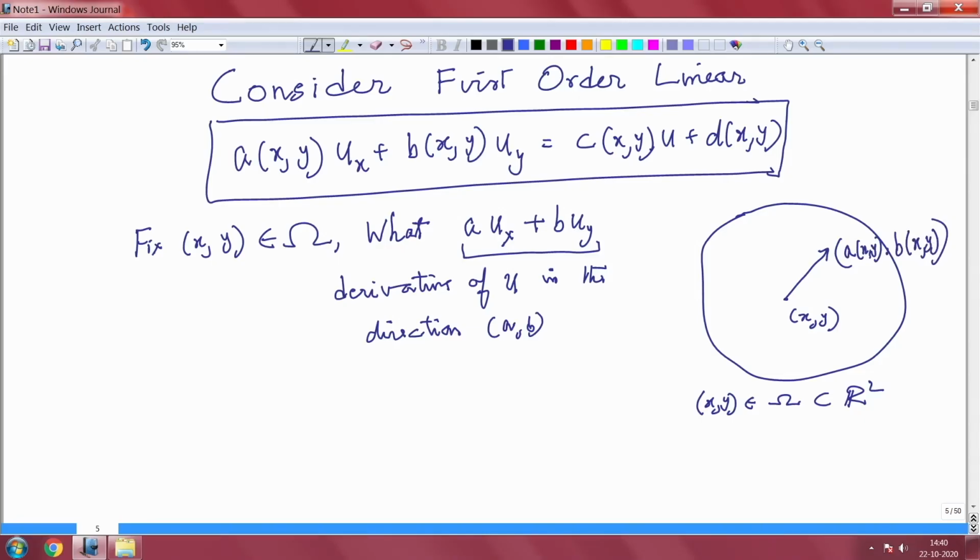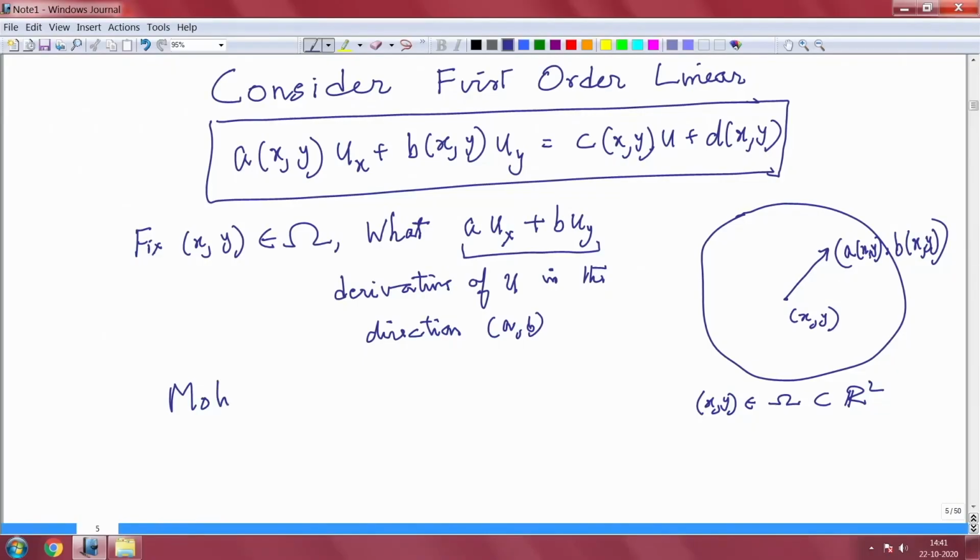So, (a,b) produces a vector field in omega: for every (x,y), (a(x,y), b(x,y)) produces a vector. So, the differential operator part is nothing but the derivative of u along that direction.